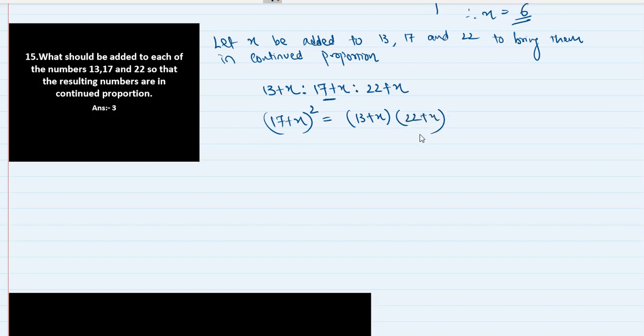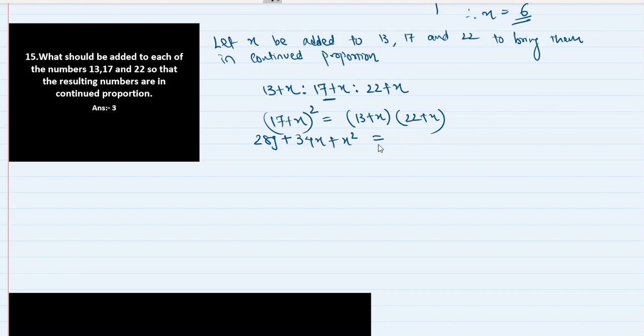Okay, now 17 plus x the whole square. Now 17 square is 289 plus 2 into 17 into x is 34x plus x square.